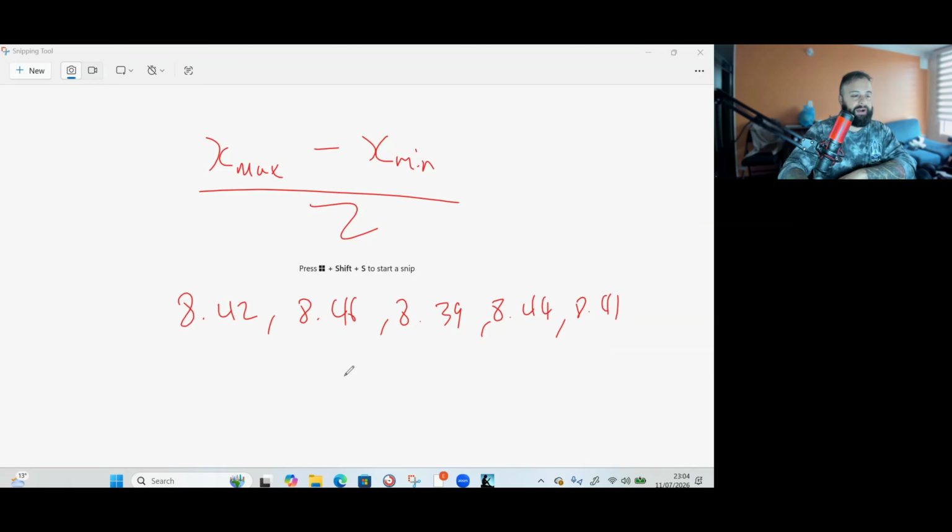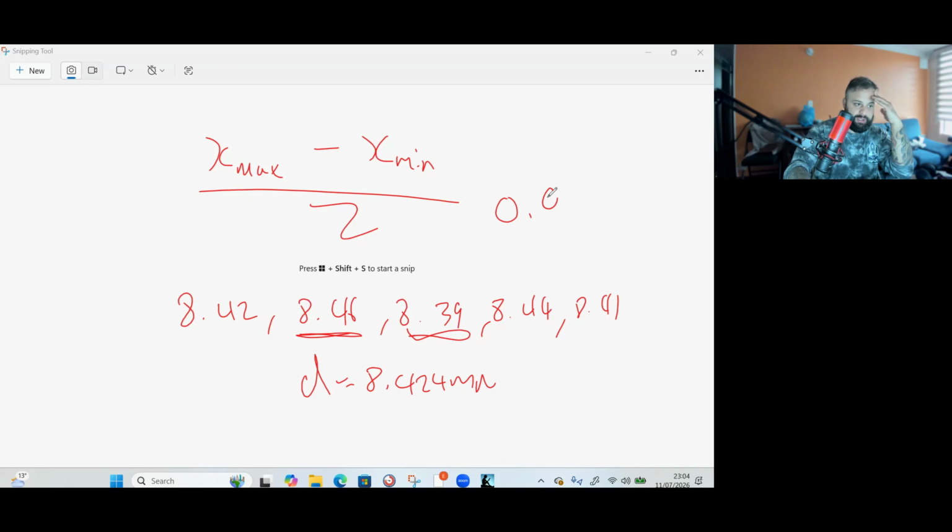So if I have those readings, I could add them all up and divide by 5 to work out the mean. So the mean would be 8.44 millimeters, sorry. And then the range will be the highest value minus the smallest value, 8.39, and that gets me to 0.07. I didn't just have to divide it.